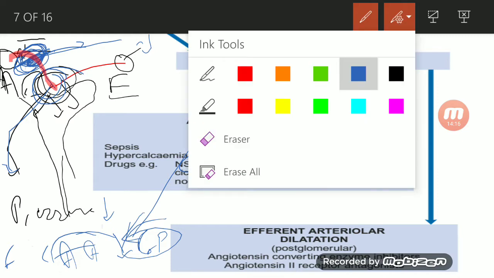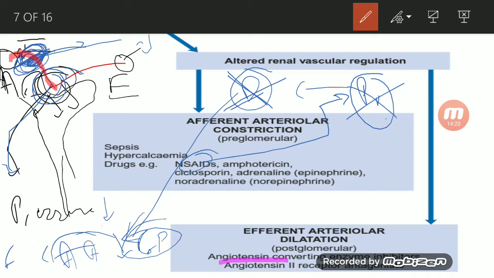One of the main functions of angiotensin 2 is that it causes constriction of your efferent arterioles. If they are getting constricted, your pressure remains optimum.